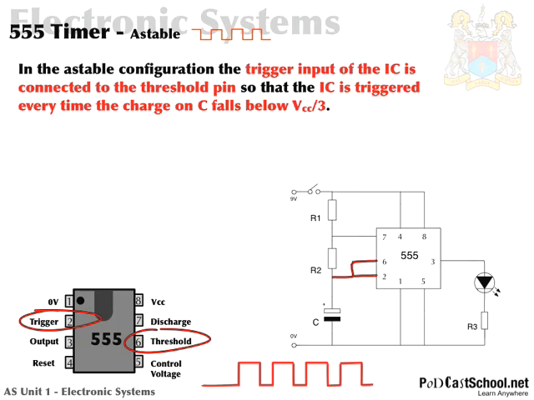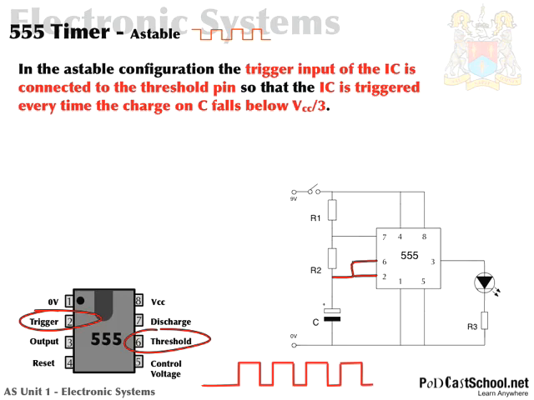So the 555 timer is triggered every time the charge on C falls below a third of the supply voltage. That's the same as in the monostable state. Remember, in the monostable state, we wired up the trigger to a switch, or to the midpoint of a potential divider, where the lower resistor, if you like, was a switch.